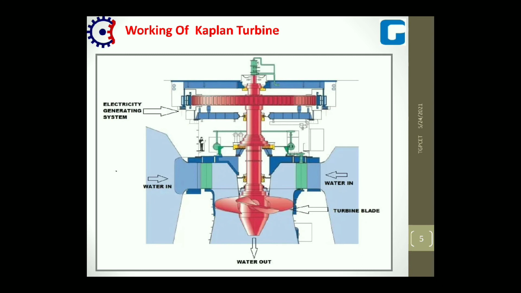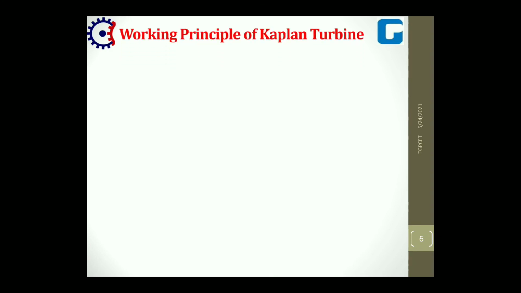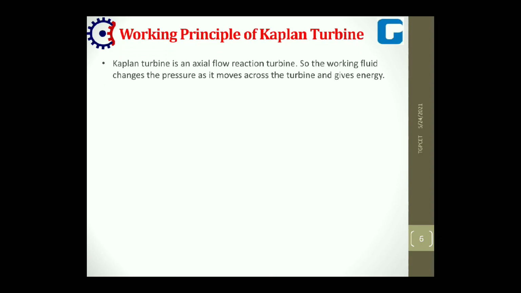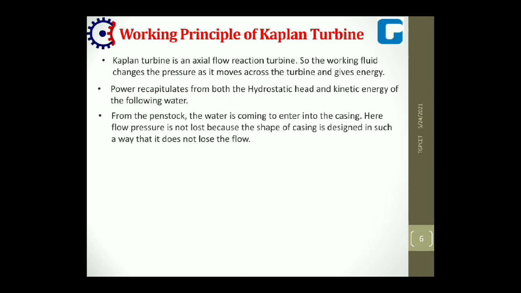Now there are some working principles of the Kaplan turbine. First, the Kaplan turbine is an axial flow reaction turbine, so the working fluid changes pressure as it moves across the turbine and gives up energy. And second, power is recovered from both the hydrostatic head and the kinetic energy of the flowing water.